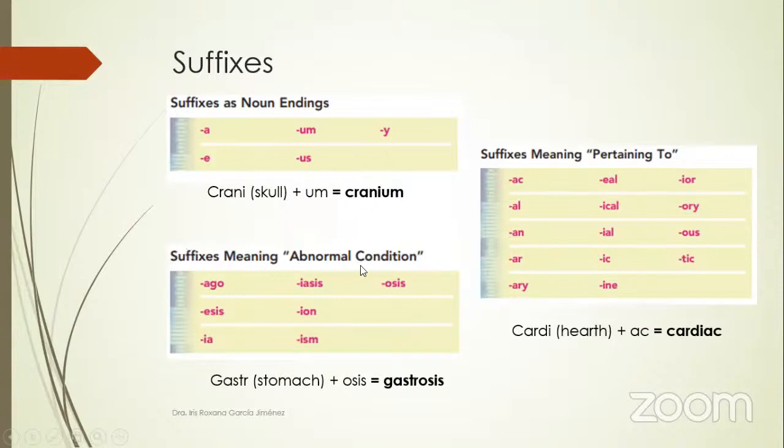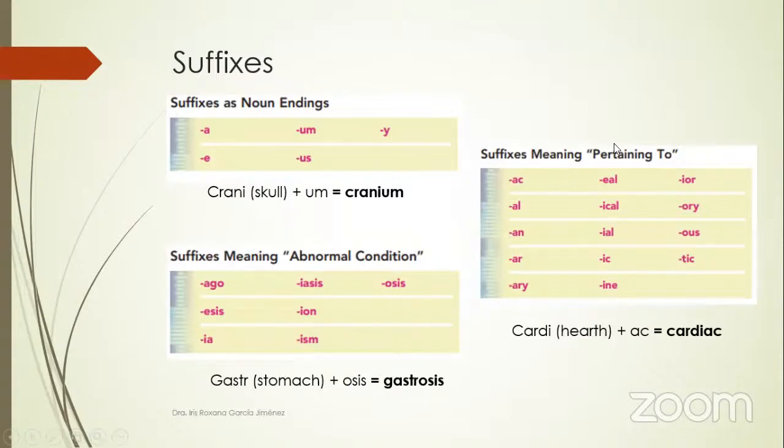Suffixes meaning abnormal condition. We have 7: ago, isis, aya, iasis, ion, ism, osis. Talking about gastro, the stomach, gastrosis, right? You can see this example.